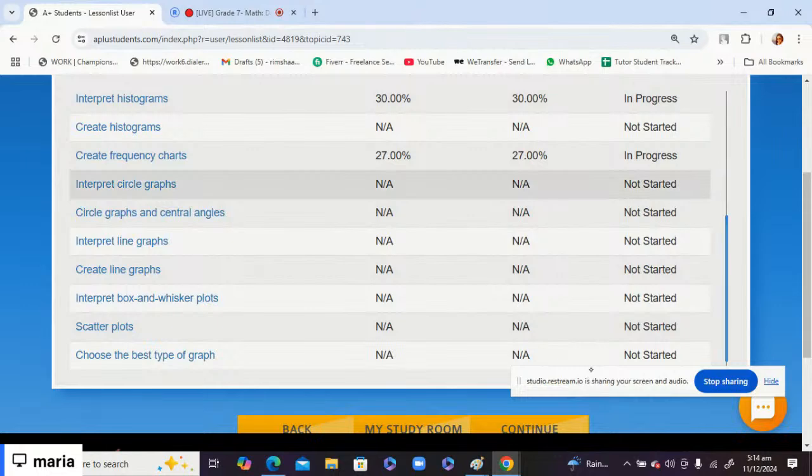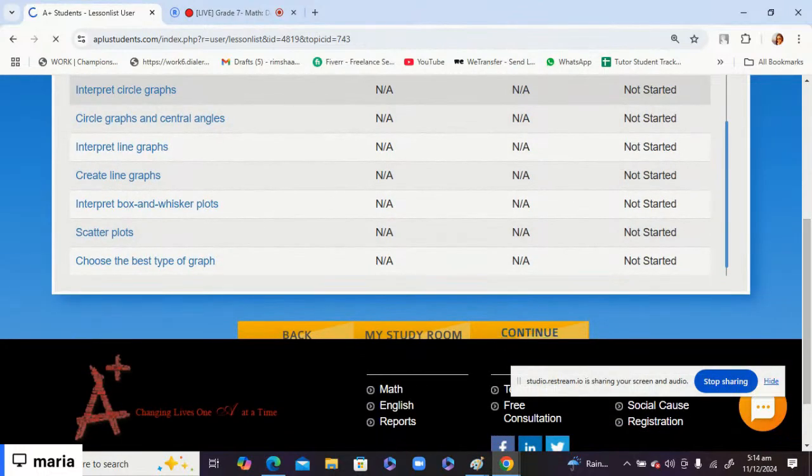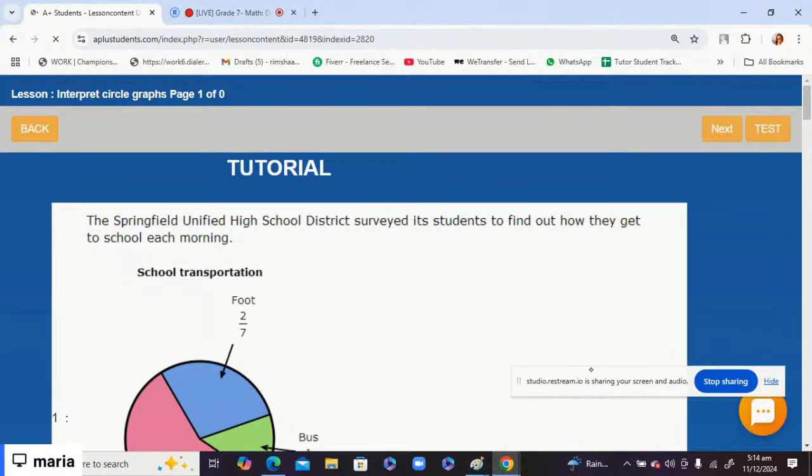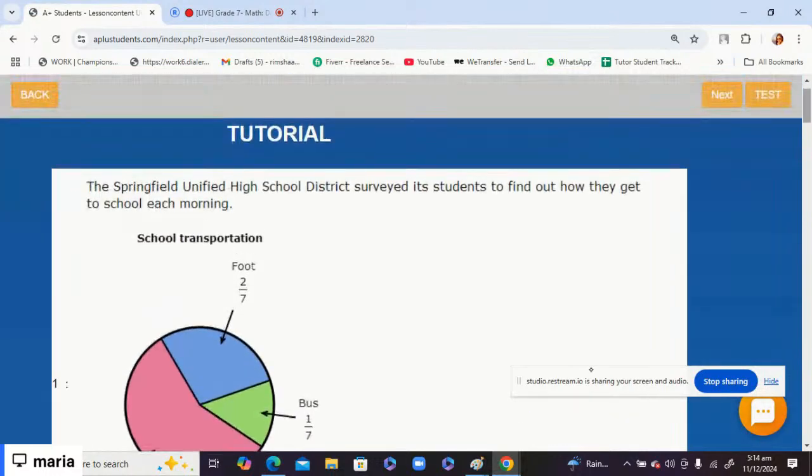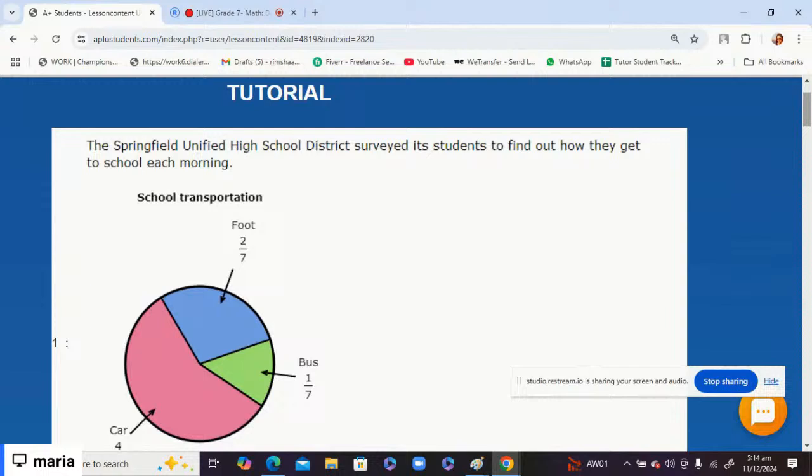Now interpret the circle graph. Okay, so look here. The Springfield Unified High School District surveyed its students to find out how they get to school each morning. Look here, school transportation is given. Walking or moving is a 2 by 7 fraction.